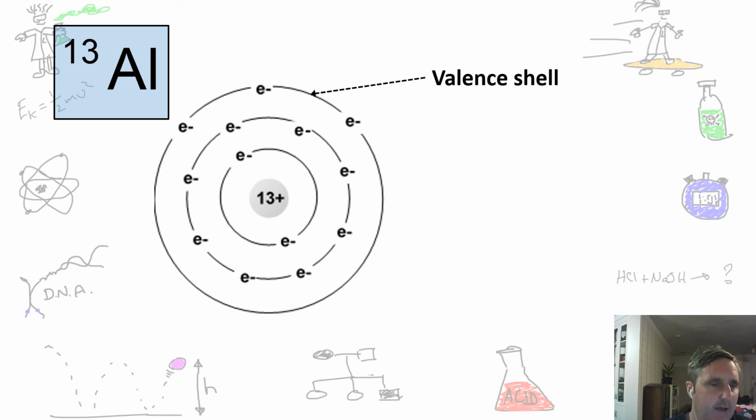And the electrons in the outside shell are called the valence electrons. Now this is a really important concept because it is the outside shell that comes in contact with any other atoms. So they are the most important electrons in the atom, and they determine how an atom will react in chemical reactions.